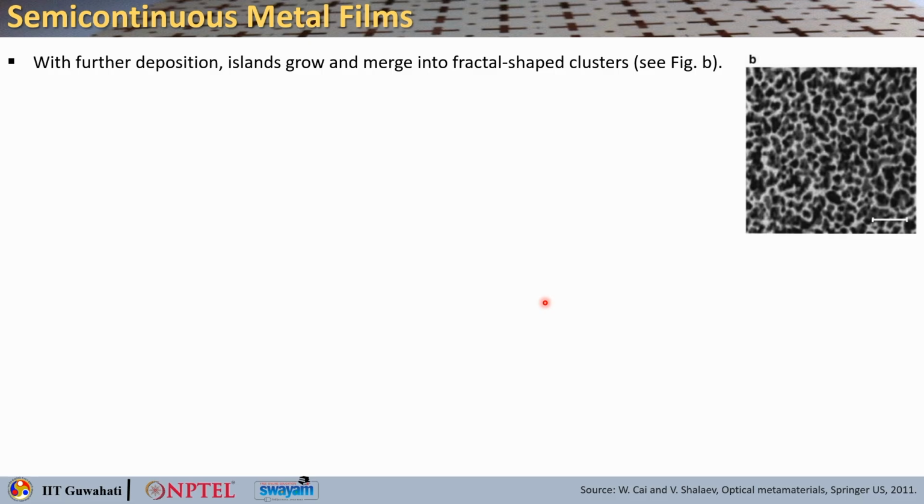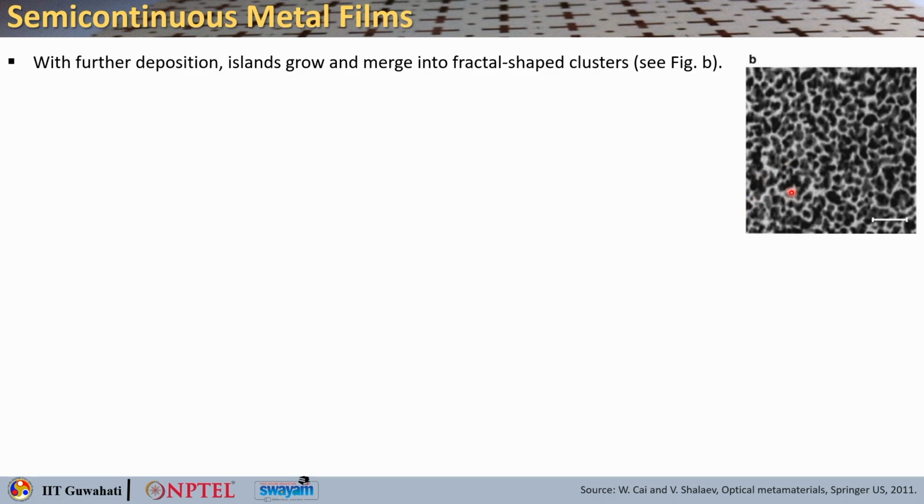Now, with additional deposition and subsequent increase in the metallic concentration, you will see that these metallic islands will grow in size and they will start getting merged to each other and forming irregular shaped clusters of fractal geometry on the substrate, as you can see here. So, this is basically the TEM image of a typical metal dielectric composite that follows the Bergman geometry that we have seen earlier, a couple of lectures back.